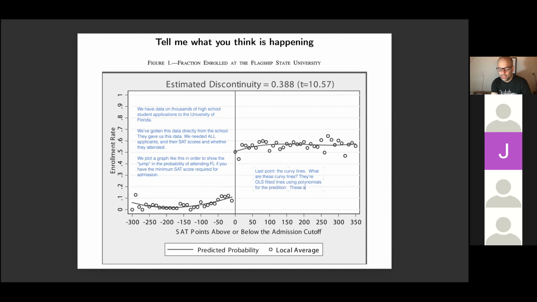So these are regression predicted values, predicted values of enrollment rates along SAT scores. He probably ran something like this: enrollment rate equals A plus B SAT plus B SAT squared plus B SAT cubed plus X plus error.